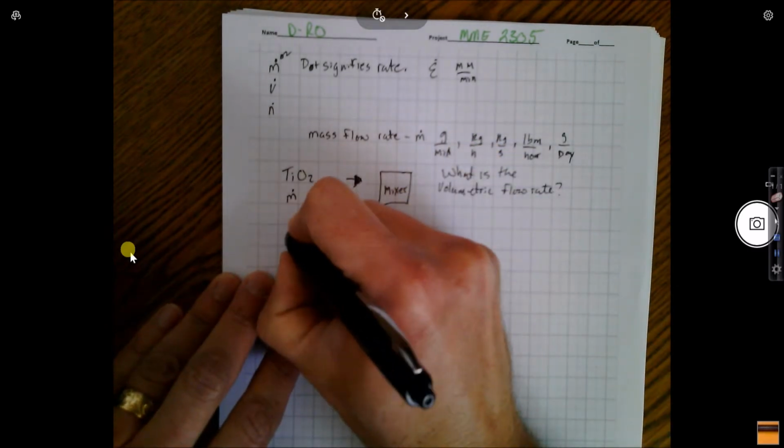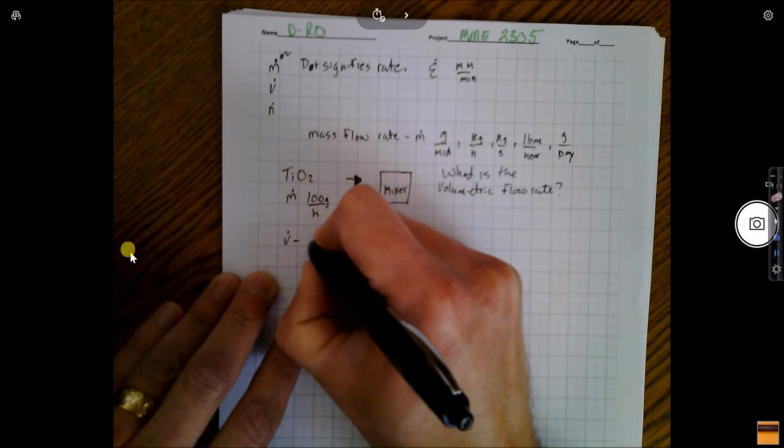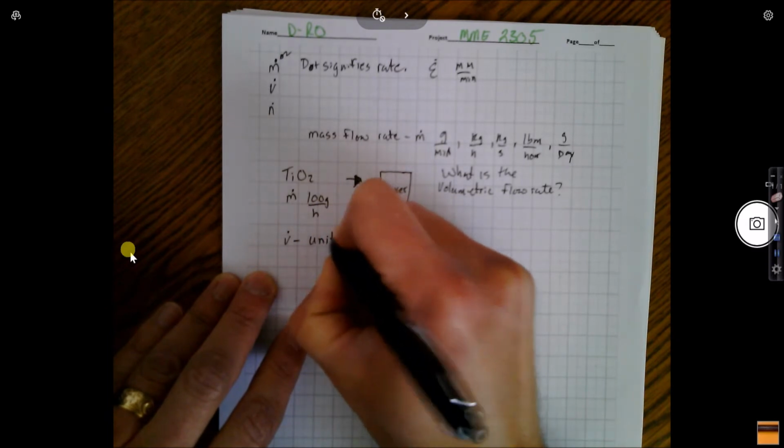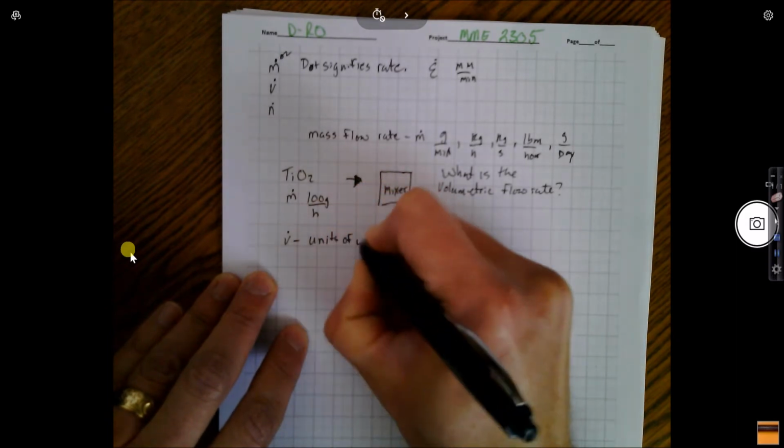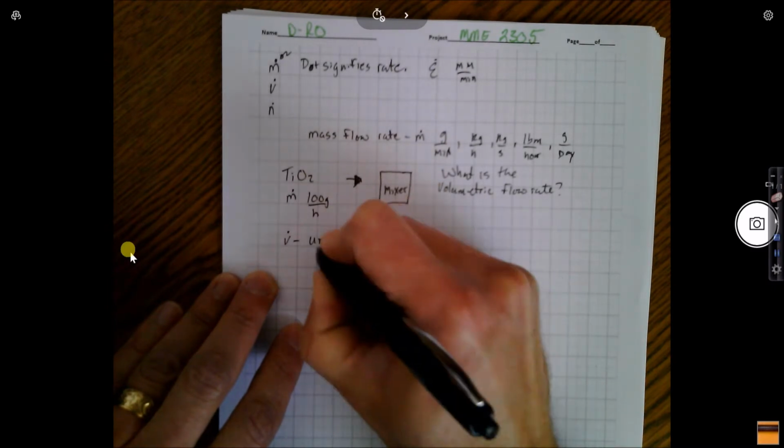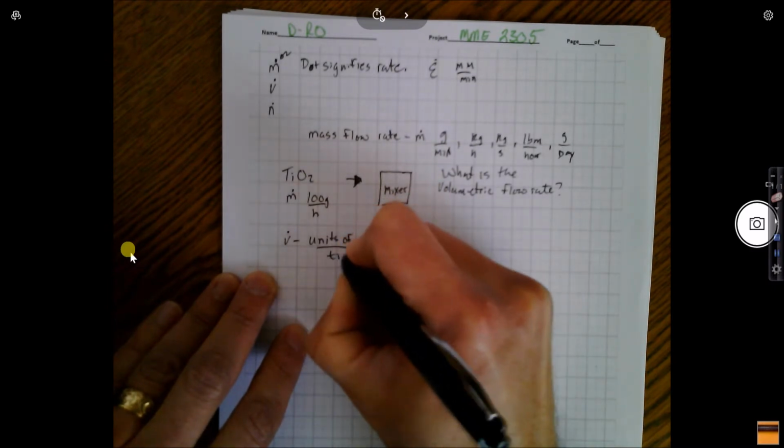Let's take a quick look at volumetric flow rate. Volumetric flow rate is units of volume per units of time.